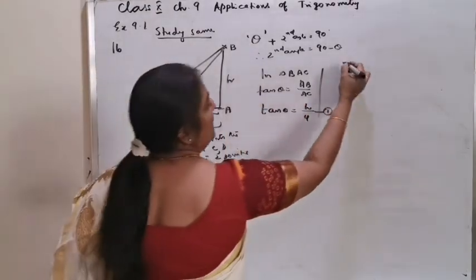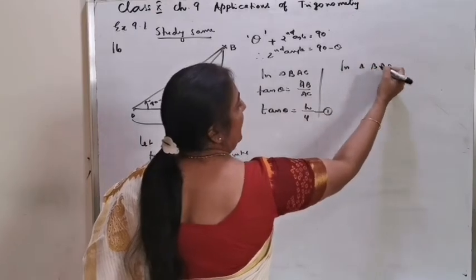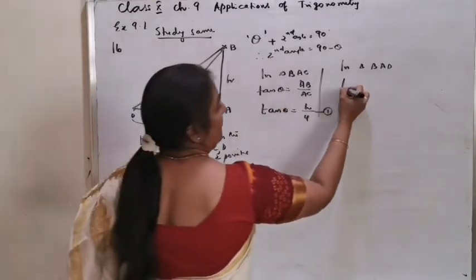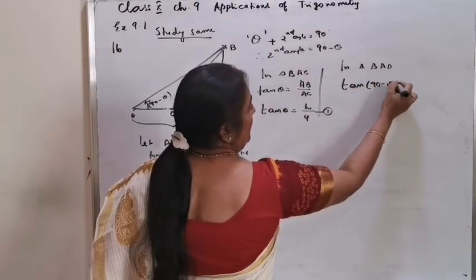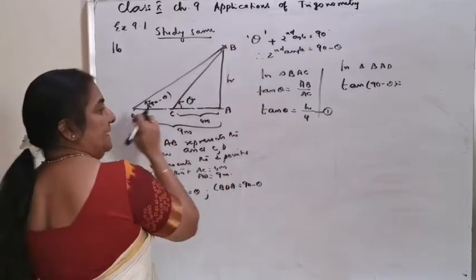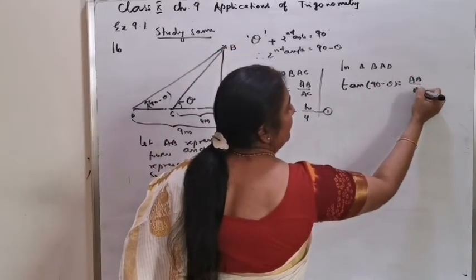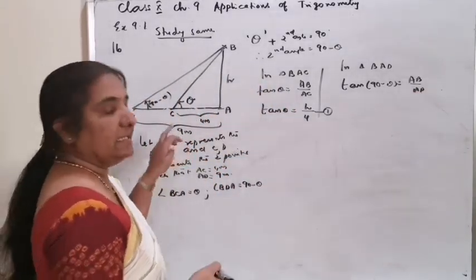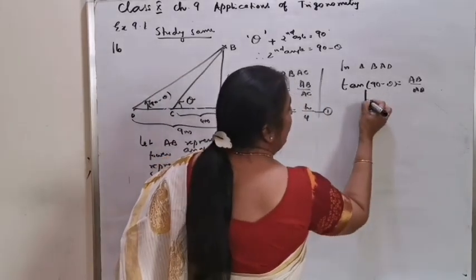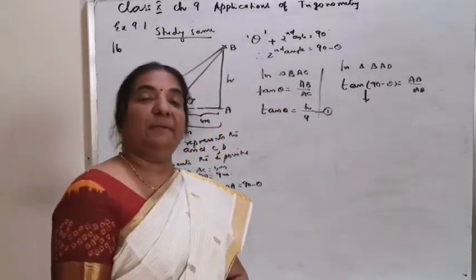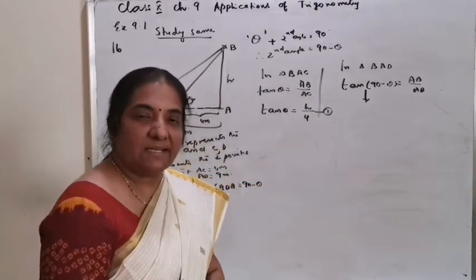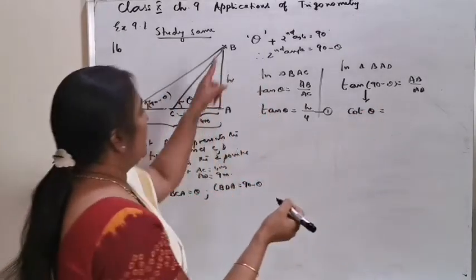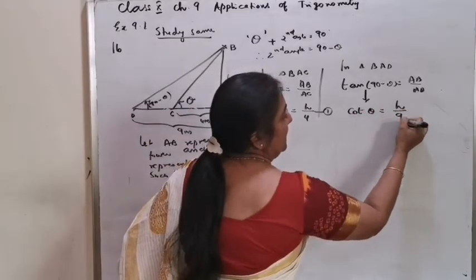Second, in triangle BAD, tan of 90 minus theta is equal to AB by AD. Since the AD measure is given directly, you can directly write the value of AD as 9. Tan of 90 minus theta, by complementary angles, is cot theta, which is equal to H by 9, since AB is H and AD is 9.